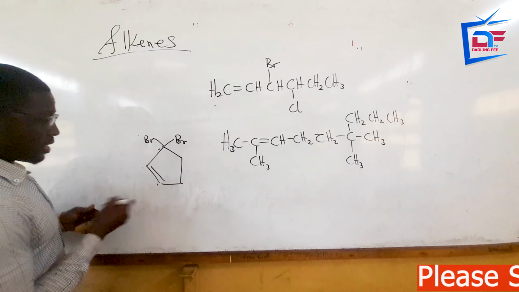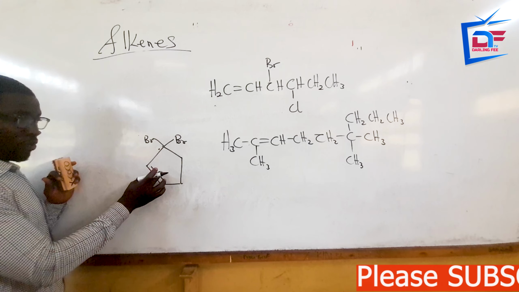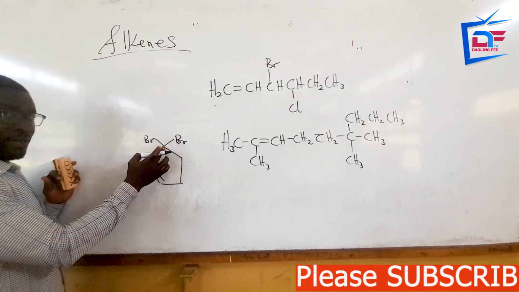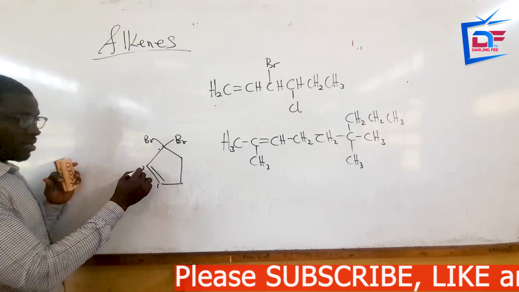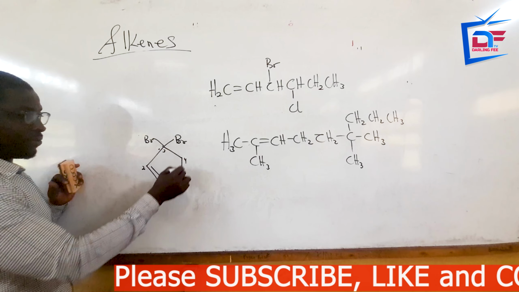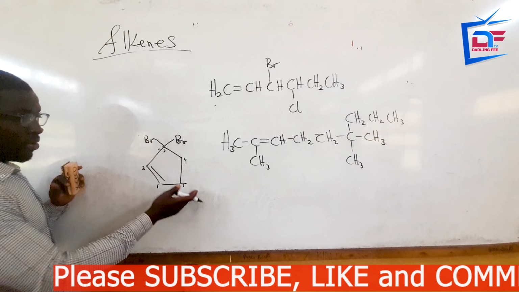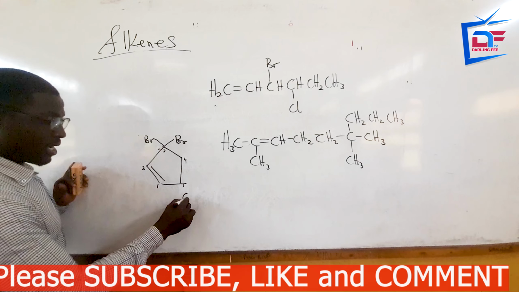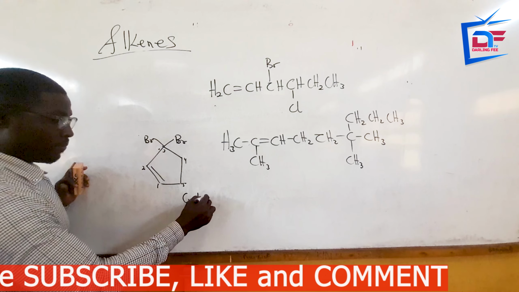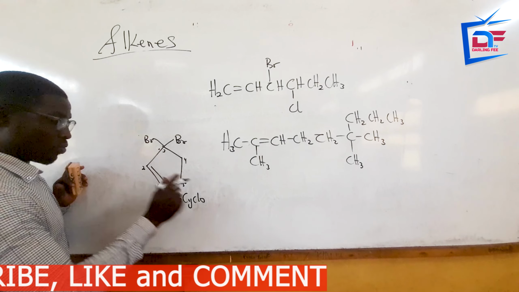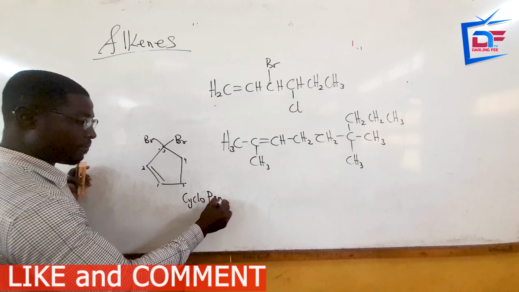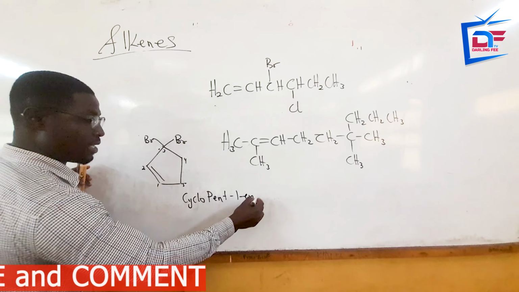Let's look at the second one. There's a double bond here, so we cannot start the counting from here, as we did in alkenes. So that will give us 1, 2, 3, 4, 5. So the parent name becomes cyclopentene, but there is a double bond here, which is 1, so cyclopent-1-ene.